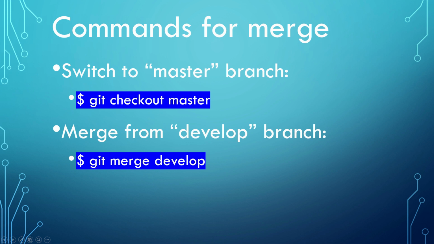Here are three commands you can use to accomplish this merging process. First, use checkout to switch to the master branch. Then merge the changes from the custom branch. For example, let's still call it the develop branch.